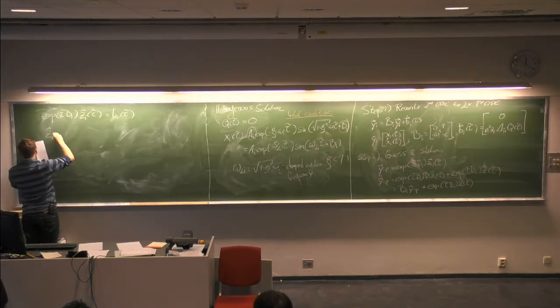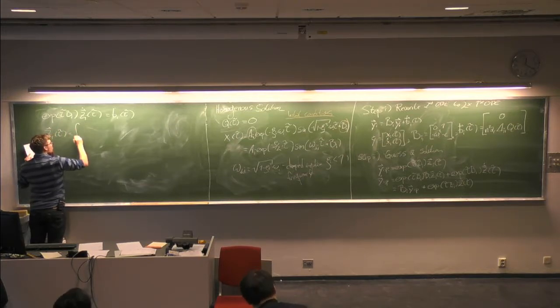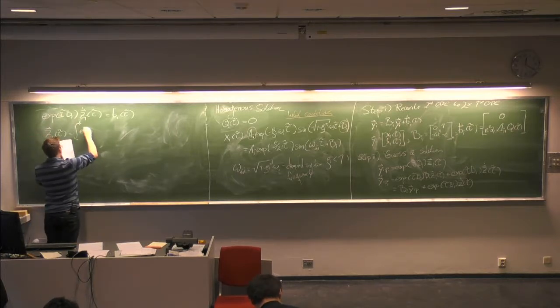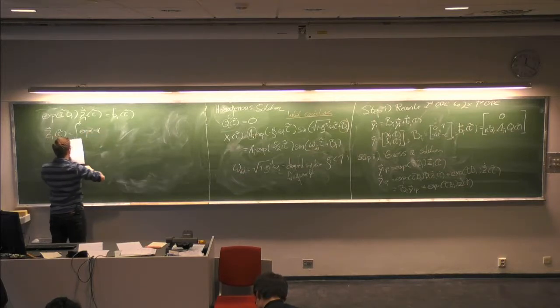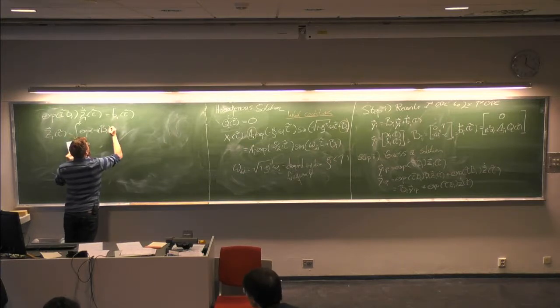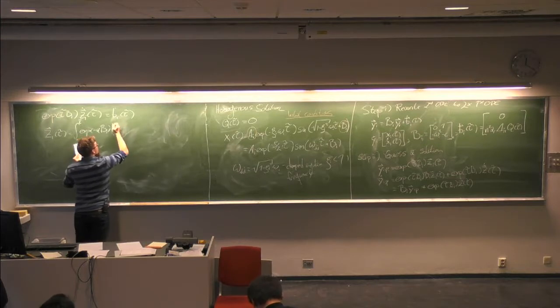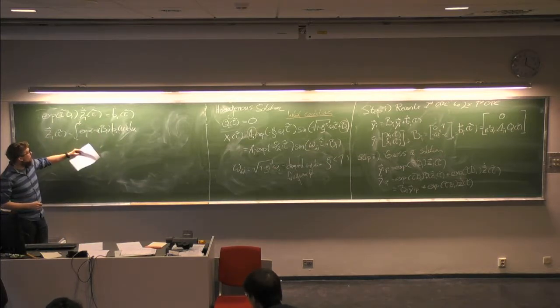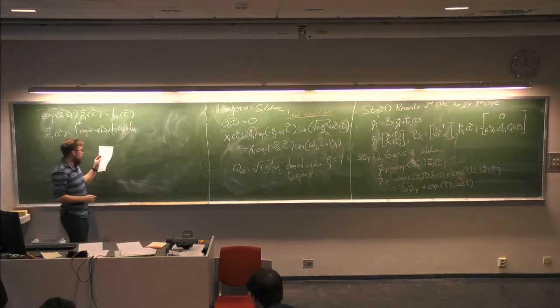So Zi of tau is going to be, well, integrate from 0 to tau tilde the exponential function minus bi of u, because I'm just inserting. So this u here is just a placeholder for tau when I'm doing the integration.